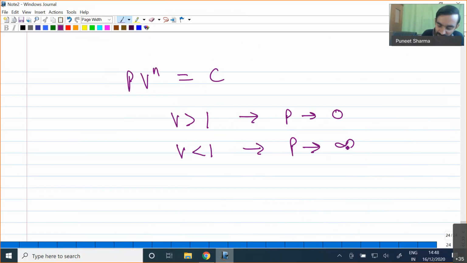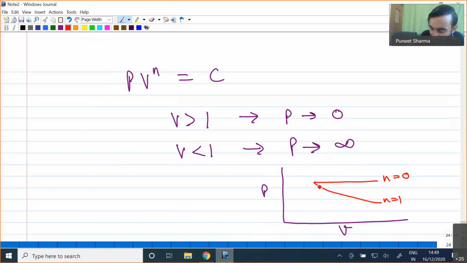That's why in the formulation I have shown, this will be my n equal to 0 line, this will be n equal to 1 line, this will be n equal to gamma line, and this will be my n equal to infinity line. So either I can go to 0 or I can go to infinity, and the same thing will be applicable with minus infinity also. Is this point clear? Yes, sir.